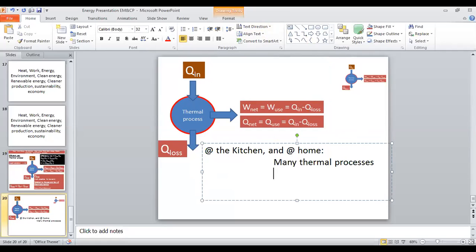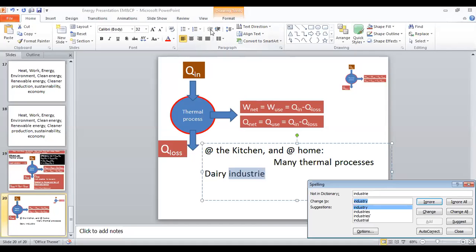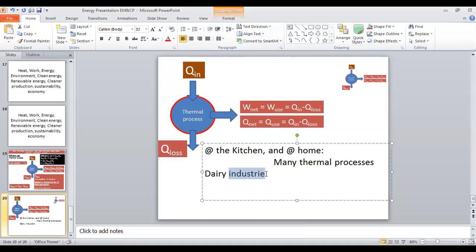Industries. When it comes to industries, I will take some essential industries. Dairy industries.